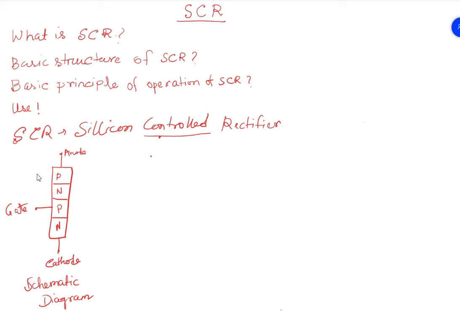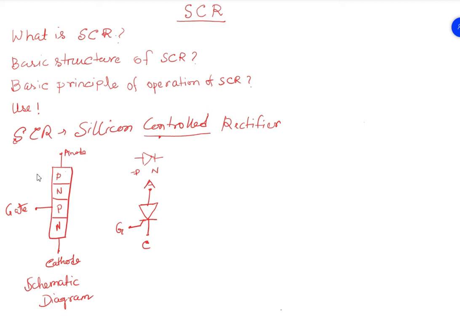Next we will see how the symbolic diagram looks. We know the symbol of a diode is like this, PN. For SCR it is almost similar. The diagram looks like this. Till this point this is a diode. Now I will add one more terminal, that is the gate, along with cathode and anode.